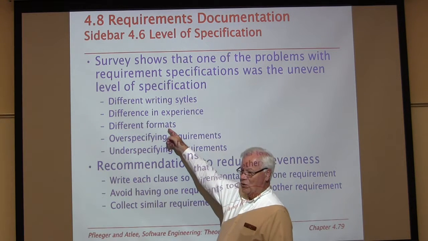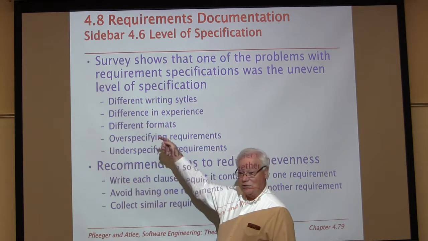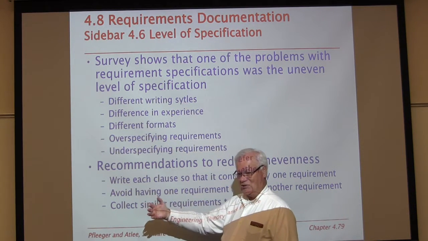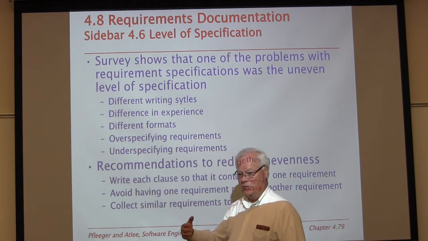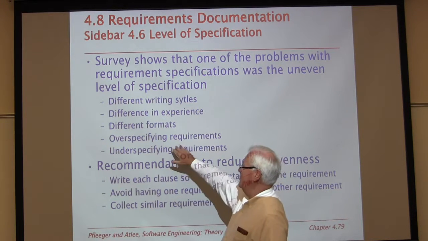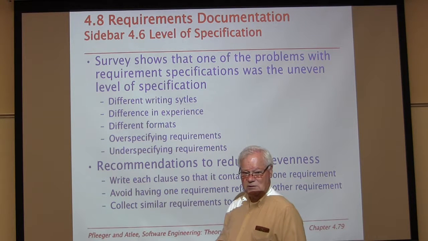Maybe they have different formats for the way they're collecting those requirements. That's why we use these forms like you were working on earlier. It's why we do these types of things, to try to get some consistency in our view of what we're looking at. Maybe we've got people that are over-specifying their requirements.